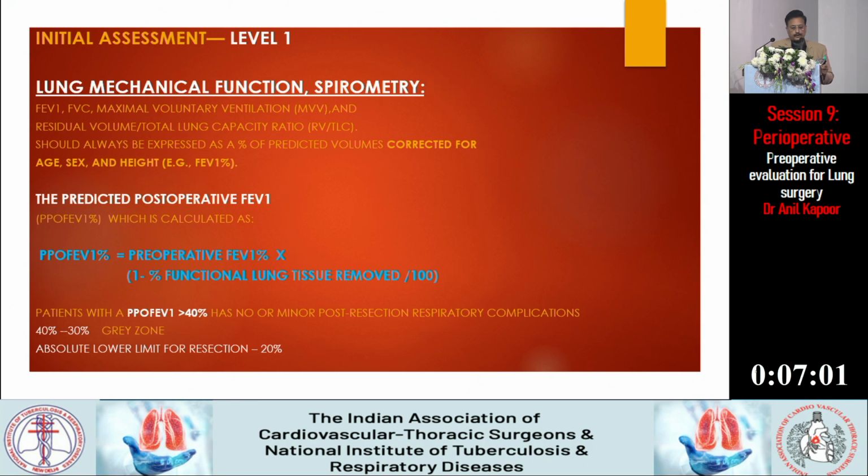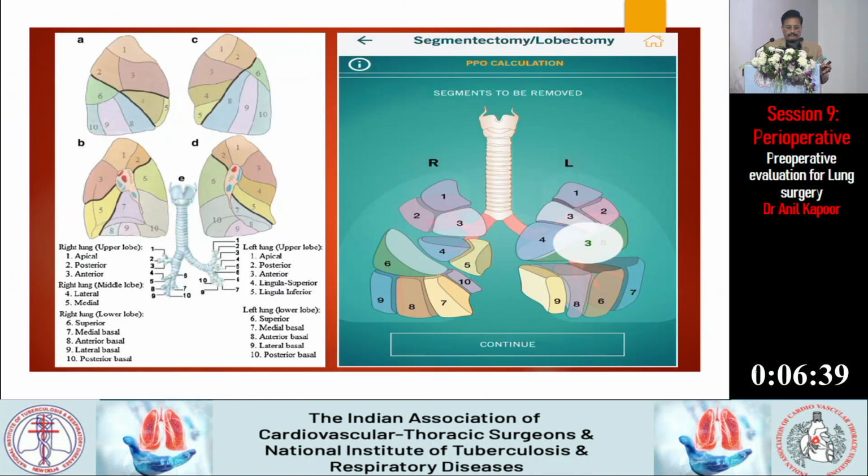Predicted post-operative values for FEV1 and DLCO should be measured, and they should be calculated. With formulas which are available on apps and net, you can easily calculate the percent predicted values for FEV1 and the DLCO. That is very important. And this is how the segments are distributed.